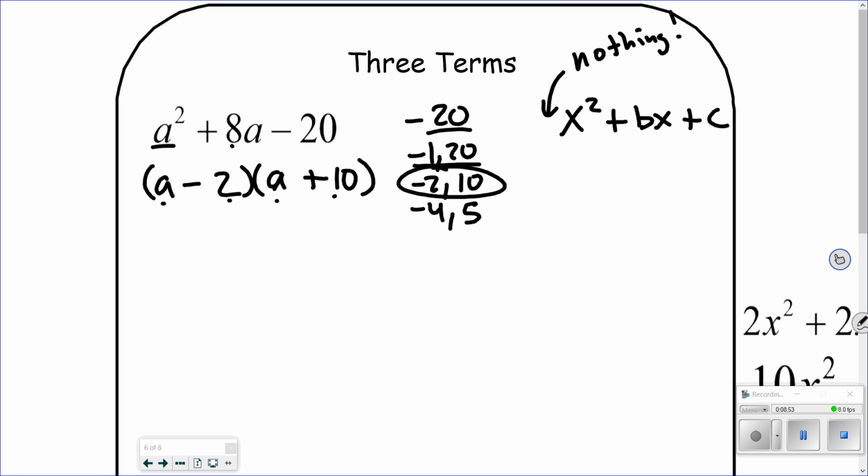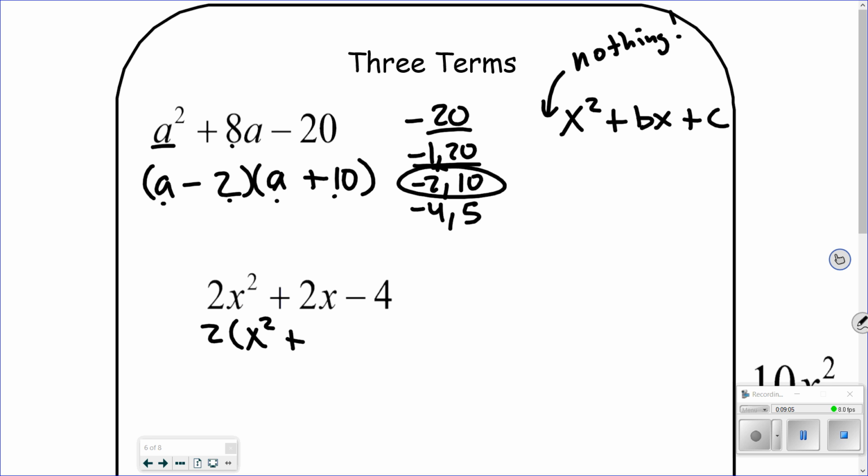One thing I want to point out is sometimes there'll be something in front of the x squared like this one. But if we check for a common factor, these 3 all have a common factor. So if I take out a 2, I end up with x squared plus 1x minus 2. Now look at that inside part. That's still a quadratic trinomial, right? It's got 3 terms. Its highest power is a 2.